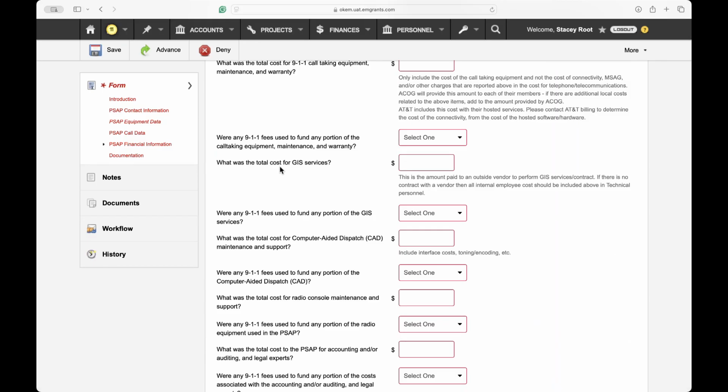SWOTA may be the same way. And there may be costs related to hiring a contractor, but yet I still do work internally also. So it's very, very common that you'll see 2 or 3 or 4 different sources of expenses that add up to a total cost for the 911 center in the GIS column.